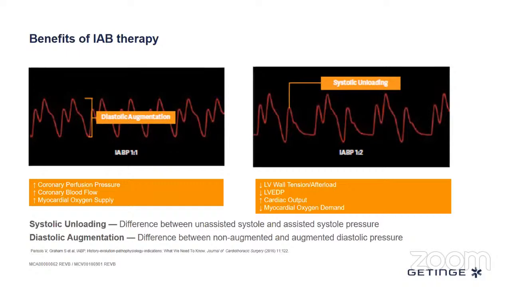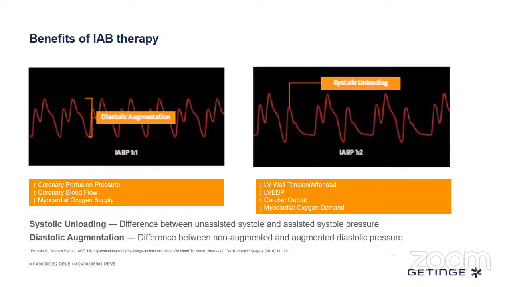Speaking to clinicians out there, they usually aim for above 100 millimeters of mercury, or at least higher than the unassisted systolic blood pressure. On deflation, systolic unloading happens. So left ventricle wall tension and afterload are reduced, left ventricle end diastolic pressure is decreased, cardiac output is increased, and myocardial oxygen demand is decreased.